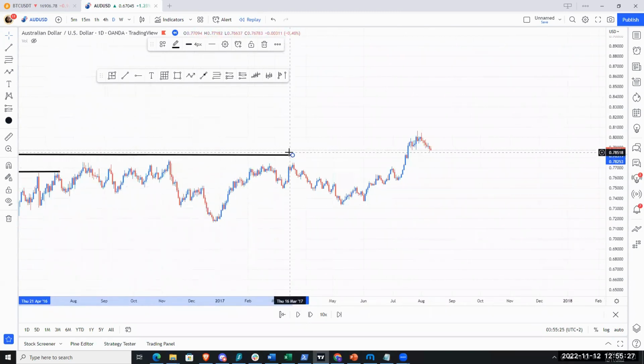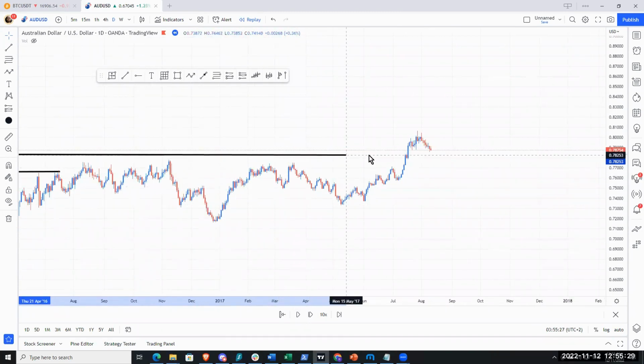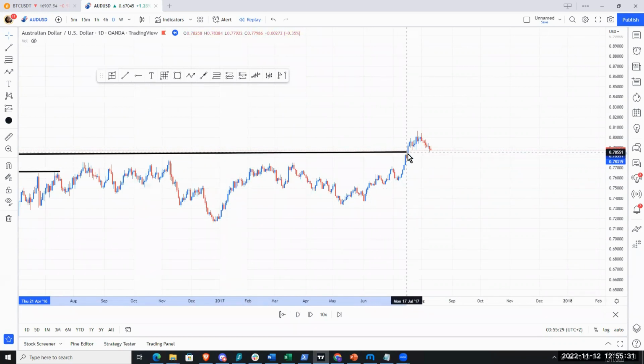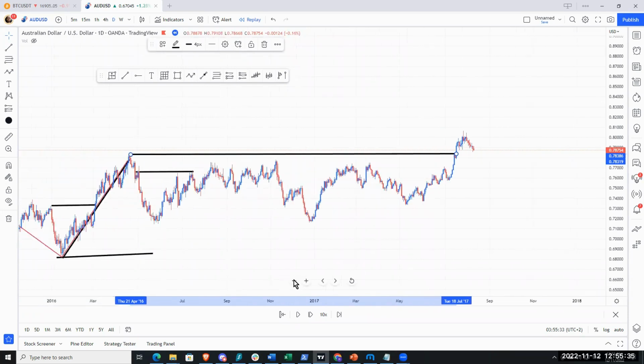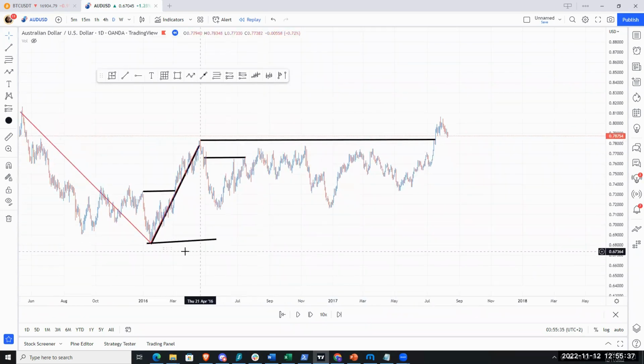Okay, we got a breakout here. If I make the chart a little bit smaller, you can see that after this entire move up, it's playing internally, and finally it has given a breakout to the upside. So what is our bias now? If the market has actually broken out, then we're expecting it to go higher, so our bias is now bullish.